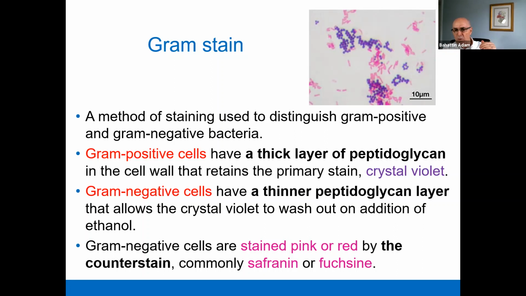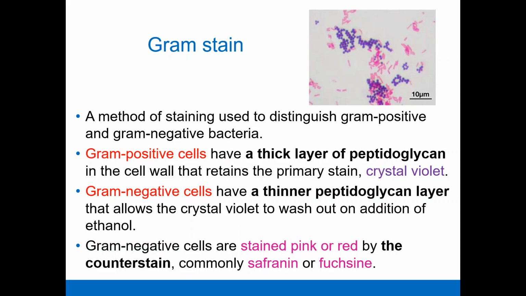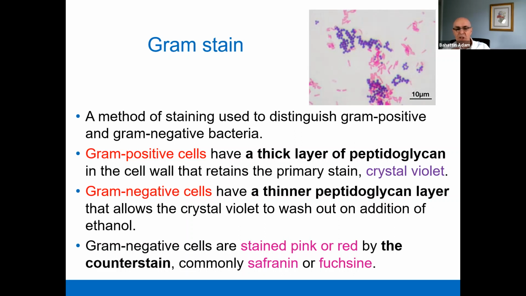The Gram stain method consists of 4 steps, and we are going to use 3 different stains, step by step. Gram-positive cells, since they have a thick layer of peptidoglycan, are able to retain the primary stain, which we call crystal violet.